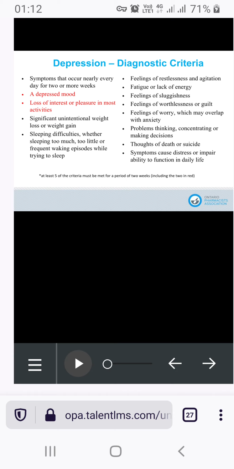Feelings of restlessness and agitation, fatigue or lack of energy, feelings of sluggishness, feelings of worthlessness or guilt, feelings of worry which may overlap with anxiety, problems thinking, concentrating, or making decisions, thoughts of death or suicide. Symptoms cause distress or impaired ability to function in daily life. These are the diagnostic criteria for depression.